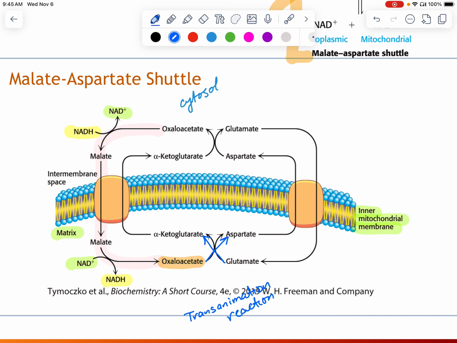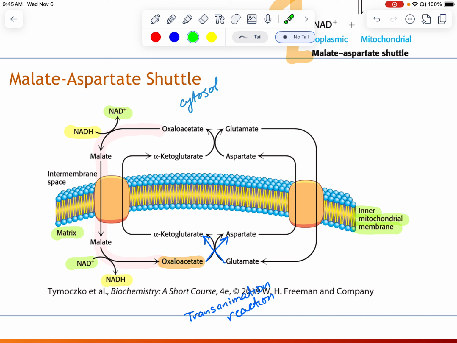And each of these has a shuttle that will take them out. So notice that this shuttle on the left carries malate in and alpha ketoglutarate out. So it's an antiporter, one going in, one going out. The other one is also an antiporter and allows for the exchange of glutamate coming in and aspartate going out.